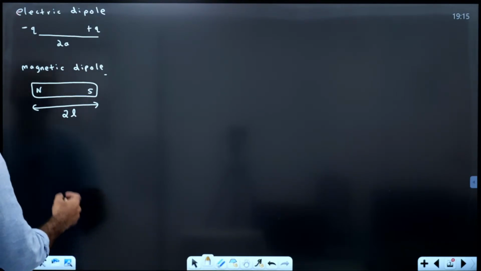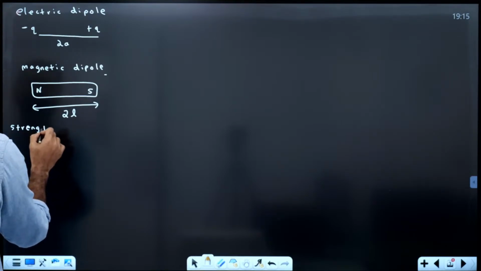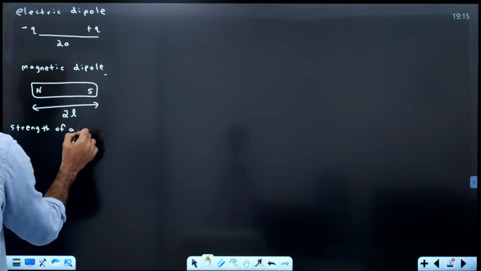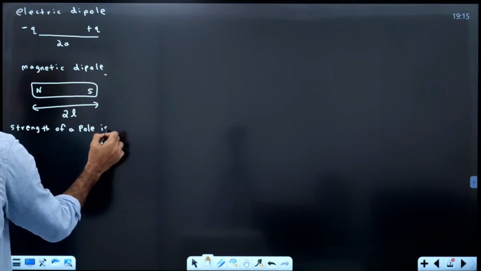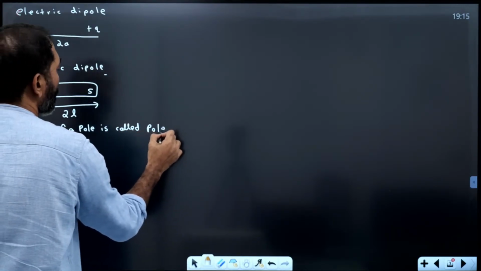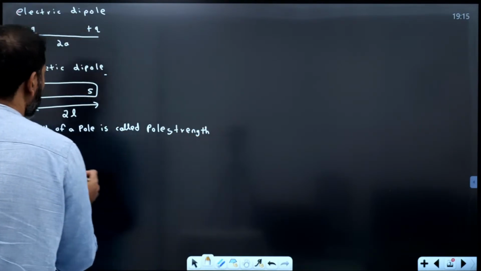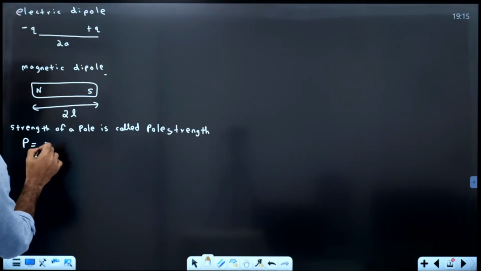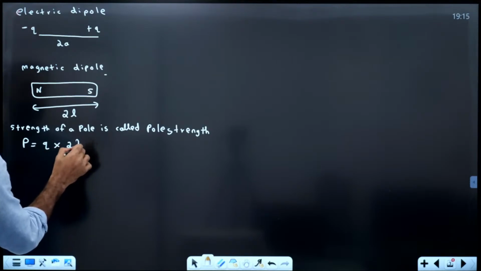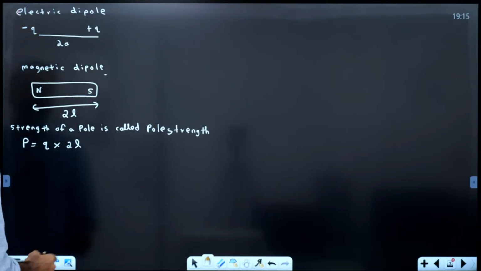Strength of a pole is called pole strength. What is the equation for pole strength? P is equal to Q into 2L.